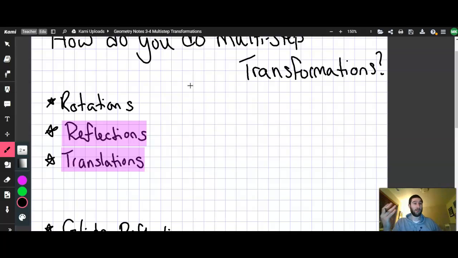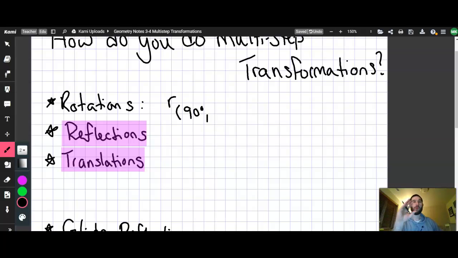Otherwise, the curriculum wouldn't use them, right? And so for rotations, the notation that this curriculum uses that you'll see in some of the questions on the quiz and practice is they use a little r, and then as a subscript in parentheses, they'll tell you the degree of rotation and then about where it's at.